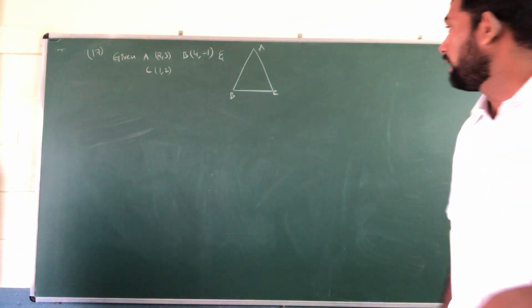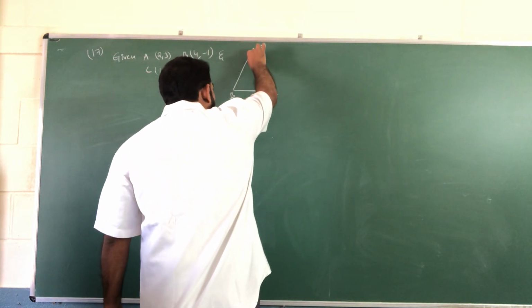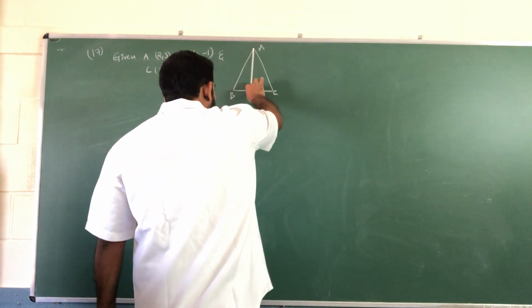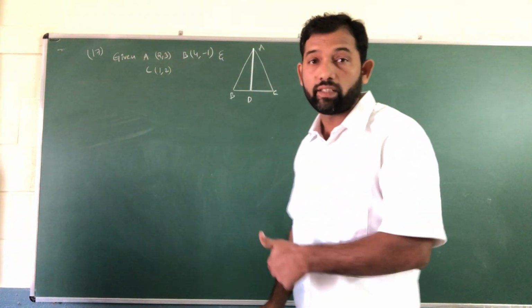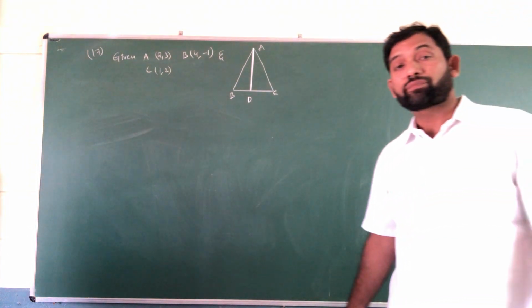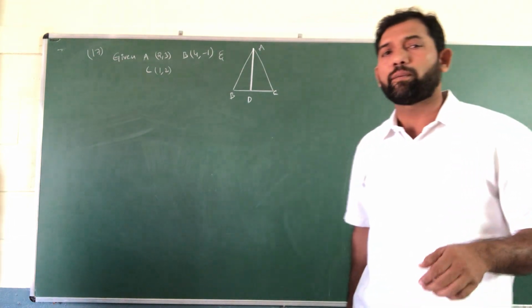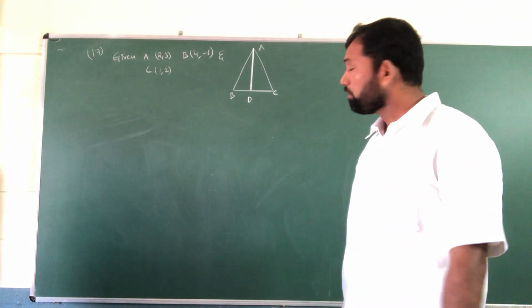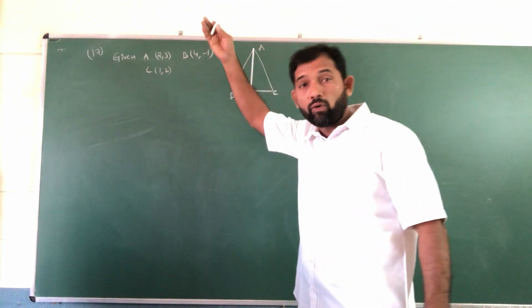So the length of the altitude. You draw one perpendicular line from A, that is called AD. This AD is called the altitude. Suppose an altitude is required from A, you draw from A one perpendicular line.